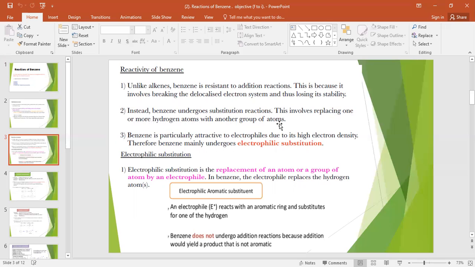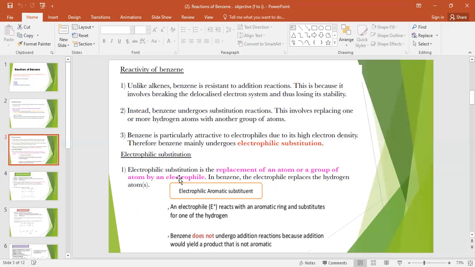So what is a substitution reaction? When you replace one hydrogen or more hydrogens with a new group of atoms, it is called a substitution reaction. Benzene especially gives electrophilic substitution reactions.